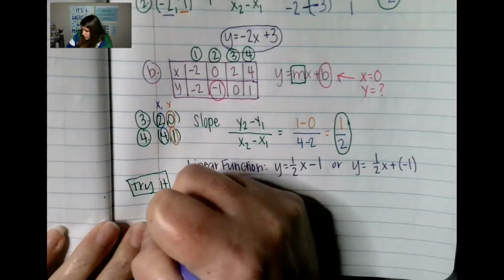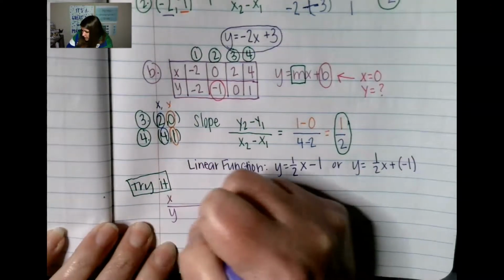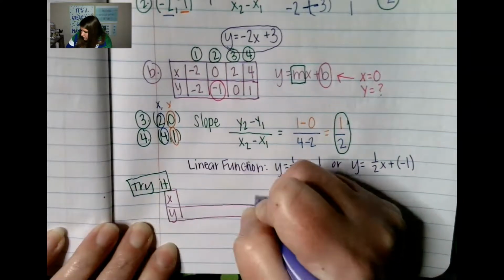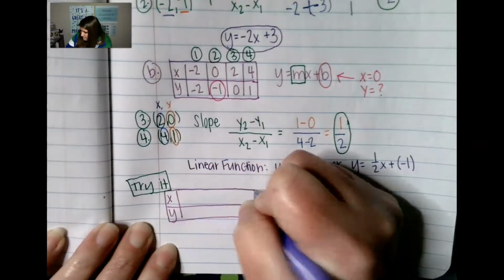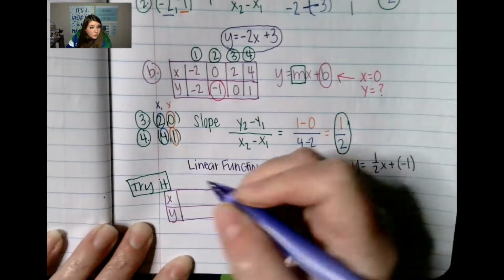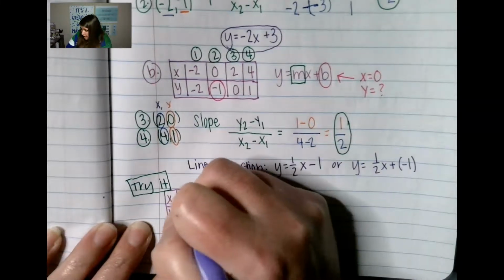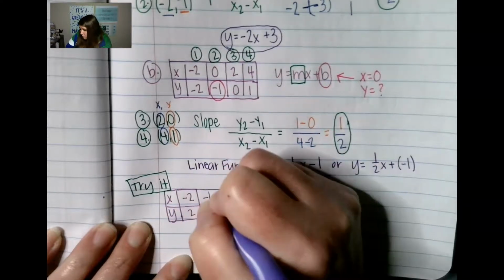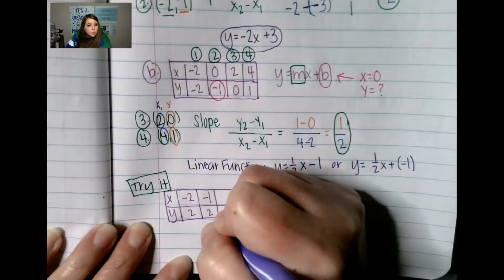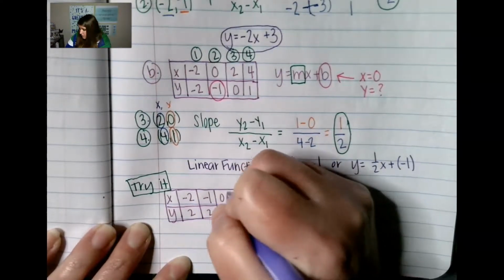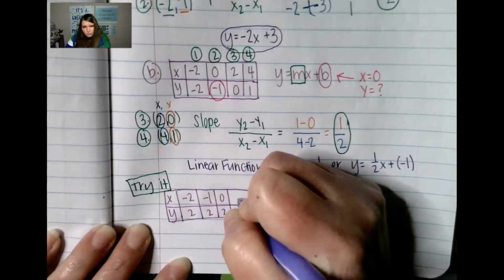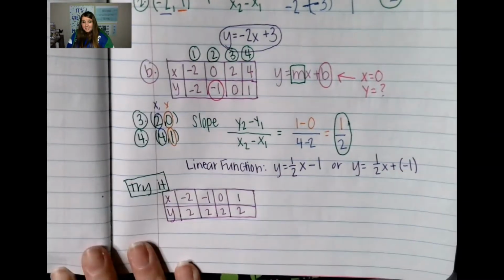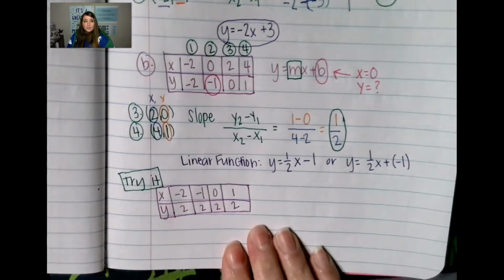Okay, so your table shows x values and y values, and those x values and y values are -2, 2, and -1, 2, 0, and 2. Ooh, this one's weird. And 1 and 2.